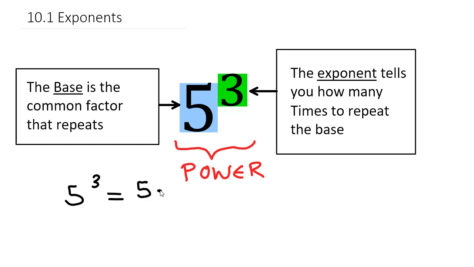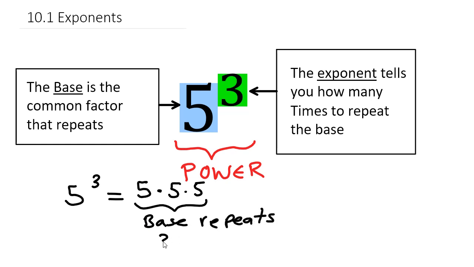So 5 times 5 times 5. Okay, so the base repeats 3 times. And you go ahead and multiply it out. And this is going to be equal to 125.